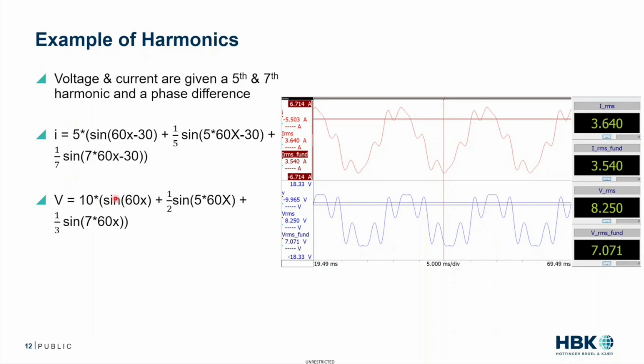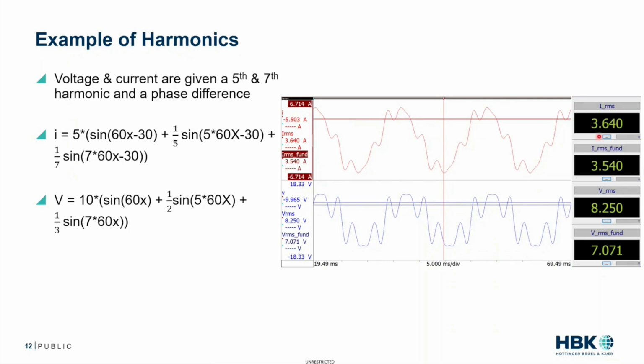Voltage is 10 volts plus a different amplitude of 5th and 7th harmonic. So we have strong presence of 5th and 7th harmonic. And we look at the waveform, and my current is quite distorted. My voltage is quite distorted. But these are pretty realistic signals that we might see in a dirty system.